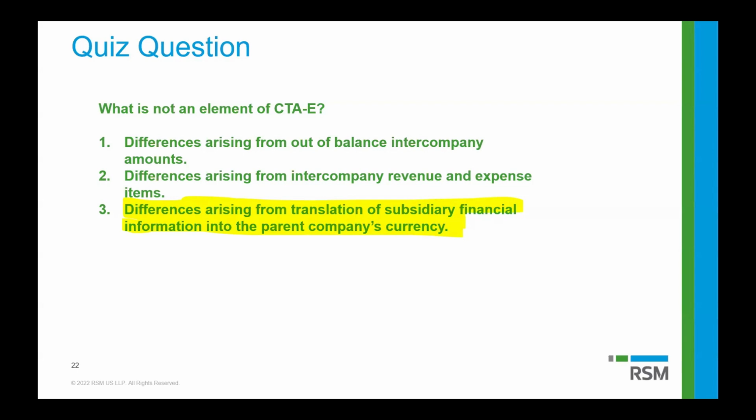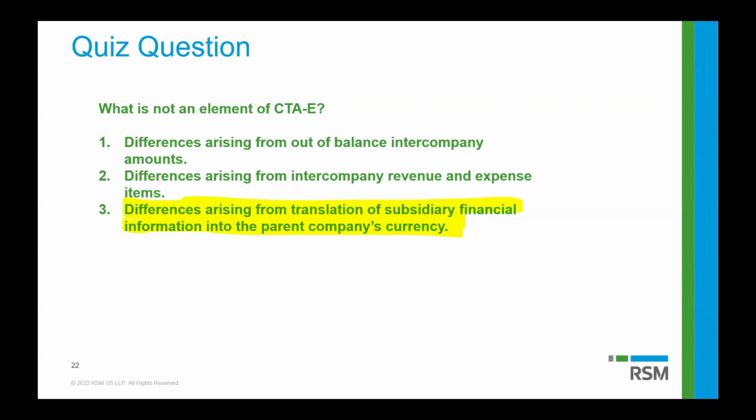The result is that if I take a trial balance that is in balance in the local currency, the functional currency, and I now translate it to the parent's currency, because I am translating different elements at different rates, it no longer balances. It needs a place to put that out of balance amount. And that goes in the CTA account, which is in the equity section of that foreign subsidiary's balance sheet when it is translated to the parent currency.